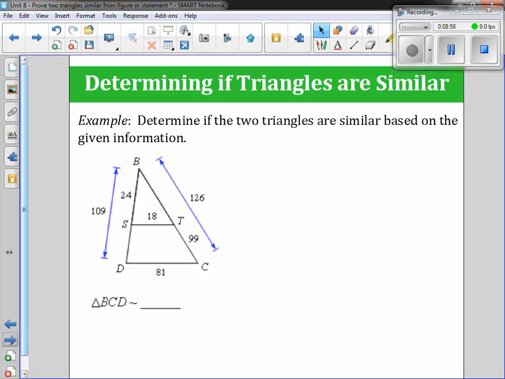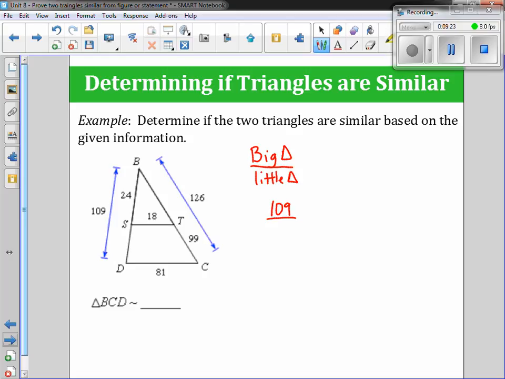Our last example that I'm going to walk through with you is determining if this is similar, and because I'm given all sides, I'm looking to see if it's a side similarity. I'm going to compare big triangle to little triangle. So in my big triangle, I have side 109.